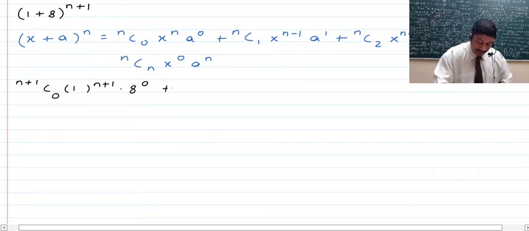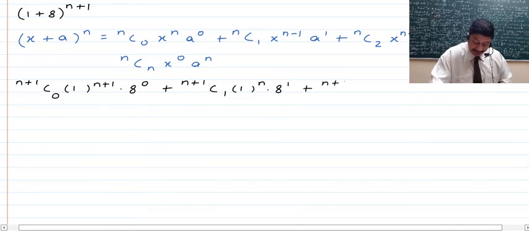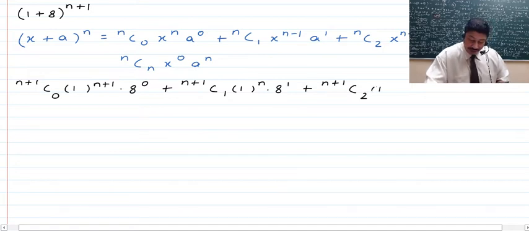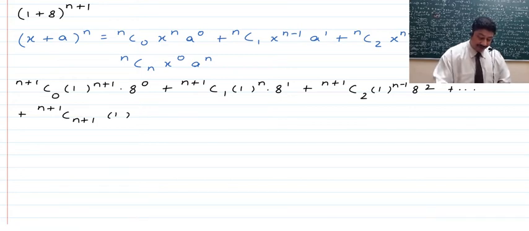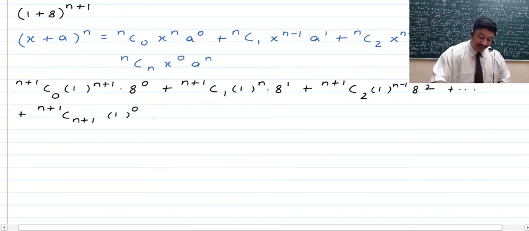Further we have the second term as n plus 1 C1 1 raised to the power n and 8 raised to the power 1, and then the next one is n plus 1 C2 1 raised to the power n minus 1 and 8 raised to the power 2, and children, all of that is going to continue up to the last term, which is n plus 1 C n plus 1 multiplied with 1 raised to the power 0, that is n plus 1 minus n plus 1, and then we have here 8 raised to the power n plus 1.